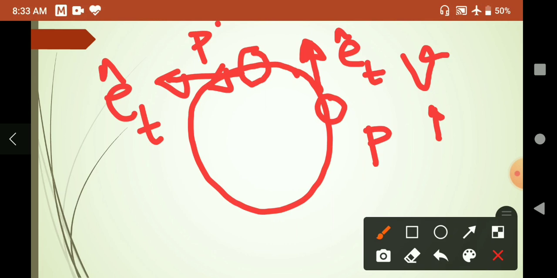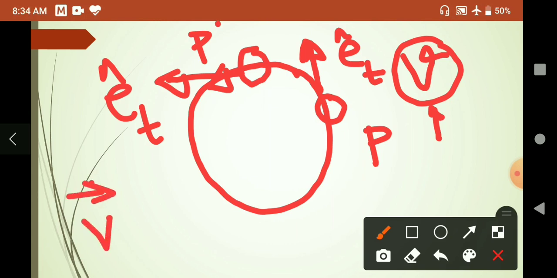Right now we will come back to the initial state, that is, the particle is at P. Let the magnitude of the velocity of the particle be V. Then how will you indicate the velocity vector? The velocity vector can be represented as the product of magnitude and direction.